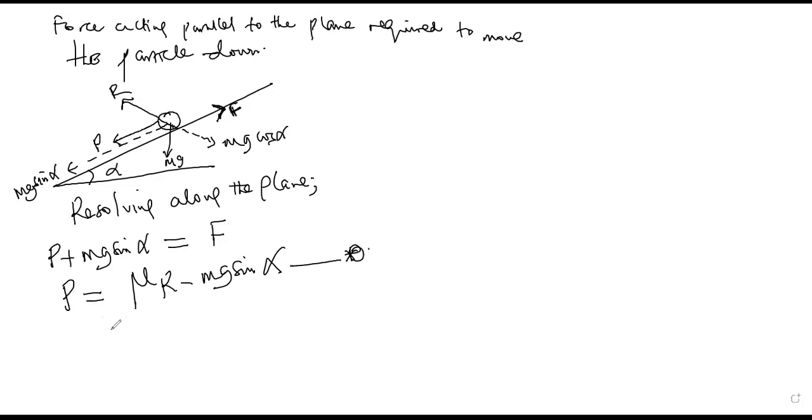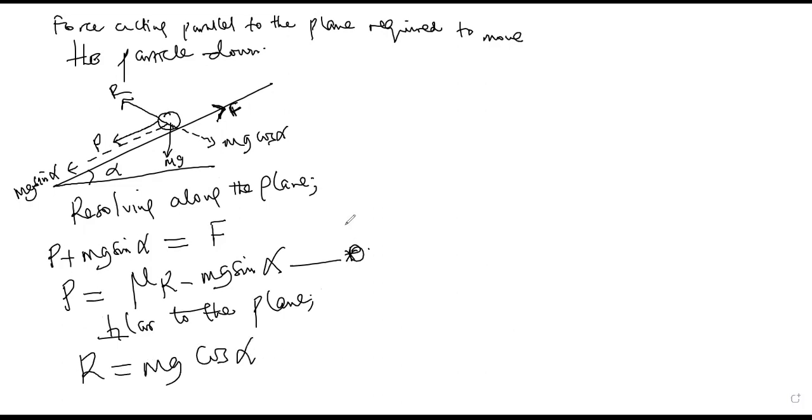Then I resolve perpendicular to the plane. What are you having? You'll be having R equaling to mg cos alpha. Then you substitute R into equation star.